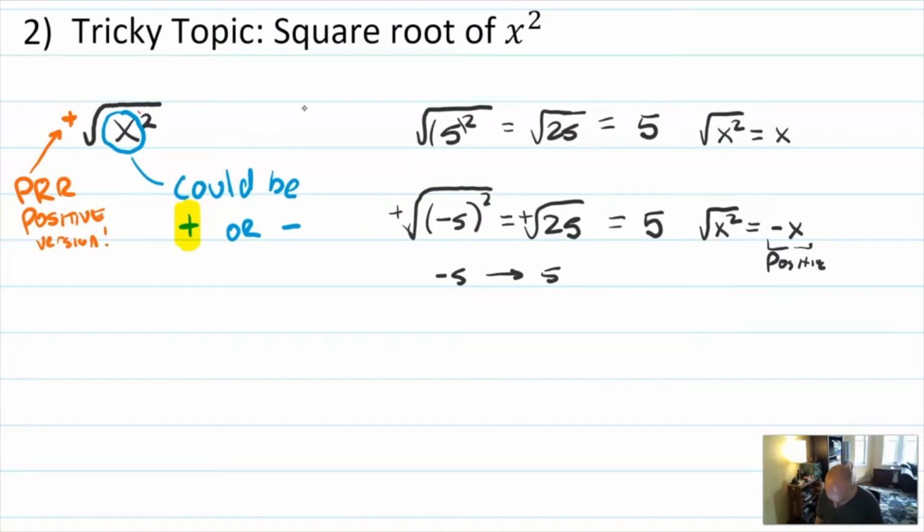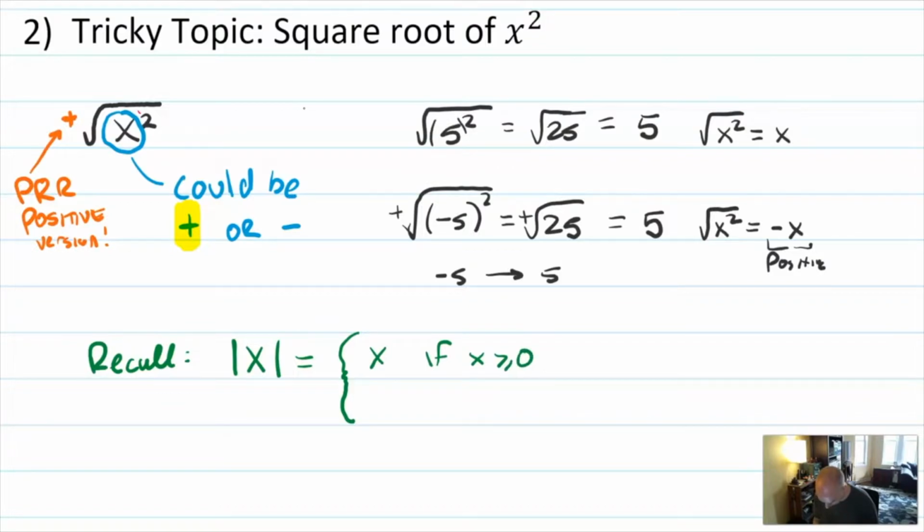exact same thing. Remember our definition of absolute value of x? This is so cool. I love this. It was equal to x if x is greater than or equal to 0, and opposite x if x is less than 0. Well, guess what?